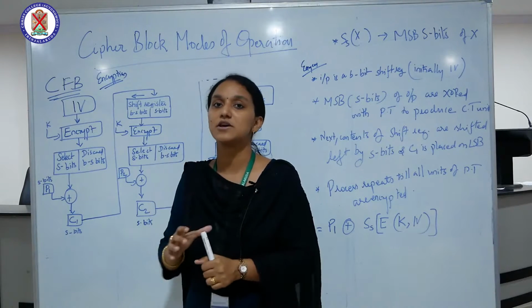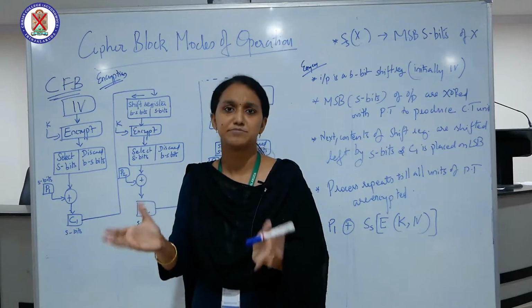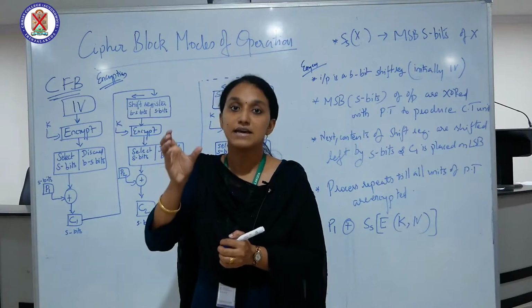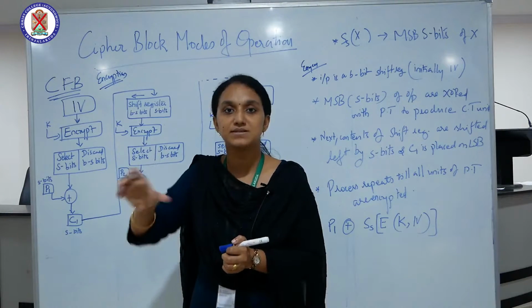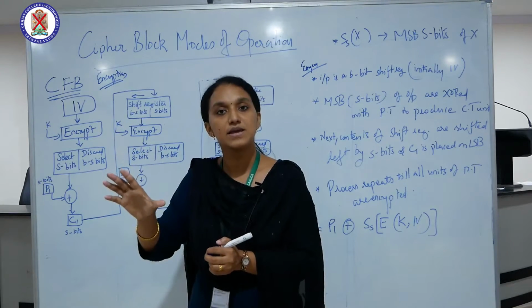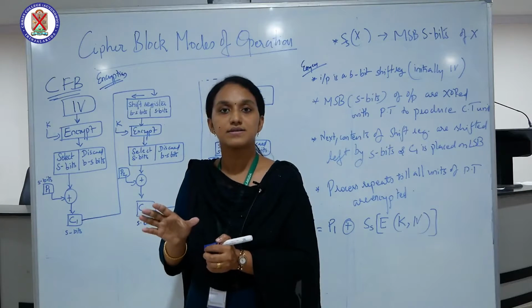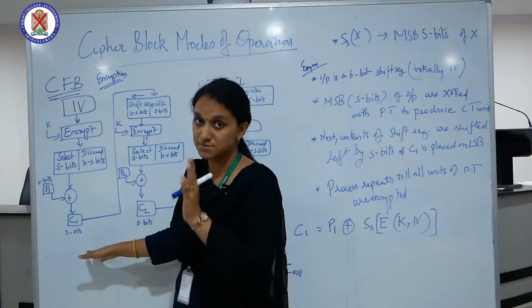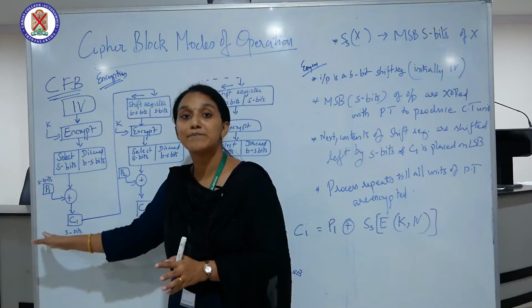That is the peculiarity of the term S bits, because we are taking into consideration only the S bits out of the total block size B. Out of the total B, whatever it is, we are considering only S bits. And make sure that after the process of encryption in the first block, it becomes the MSB.